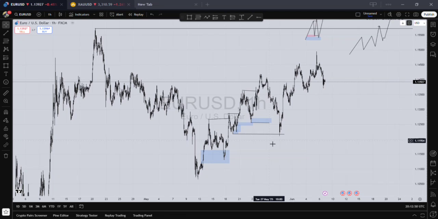So you can see practically how structure played and how the model also came in.